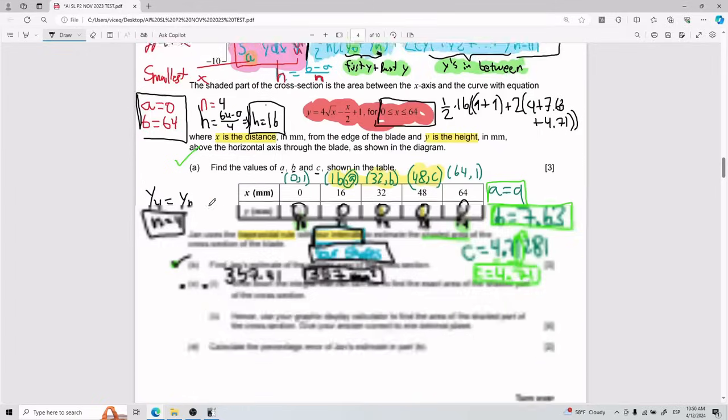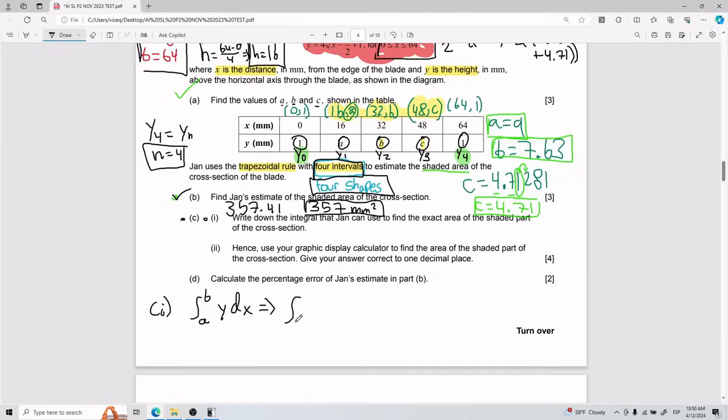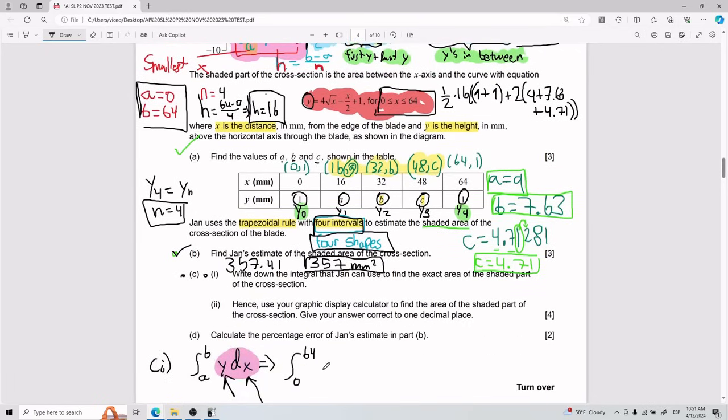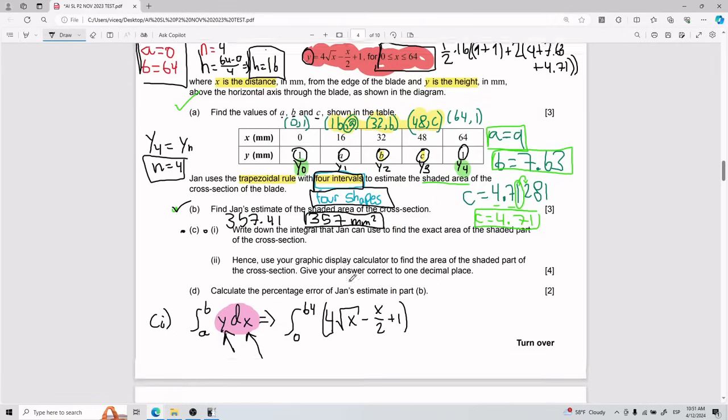So you're going to put the integral of 0 to 64, and what it's saying is that you plug in the function y and do the integral with respect to x. And what is my function y? My function y is 4 square root x minus x divided by 2 plus 1.